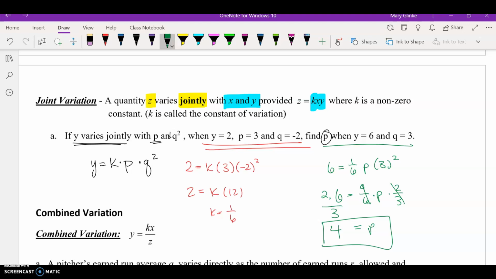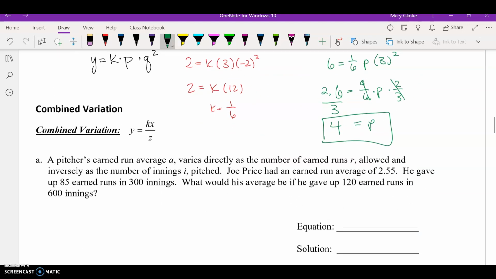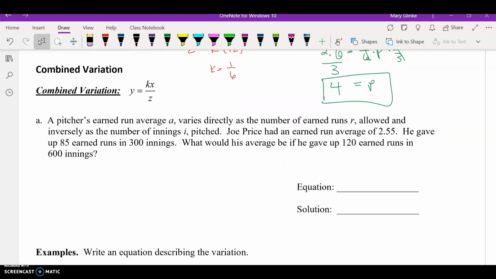So we have 3 different types of variation, again, direct, inverse, and joint, and then our fourth and final one is going to be a combination of the two. So y can vary both directly and inversely with different values here. So in the problem, it will tell you exactly how to write things out. Let's take a look at one example that combines this, the ERA for a pitcher.